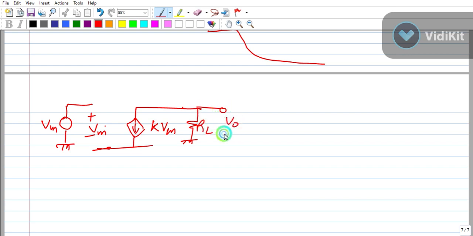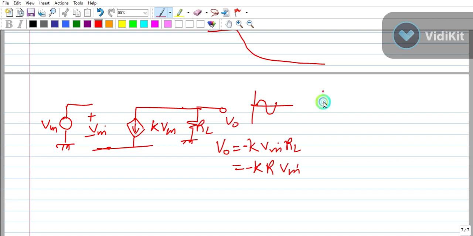Taking output across this, V out will be equal to KV in RL, means minus K RL V in. So if V in is equal to this, V out will be equal to this. See, this much is the amplification of the V in.